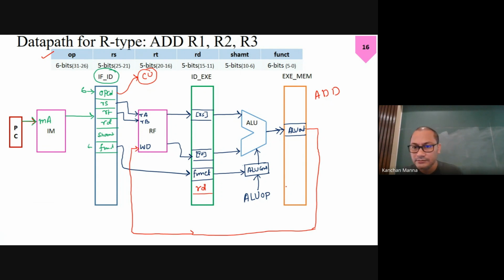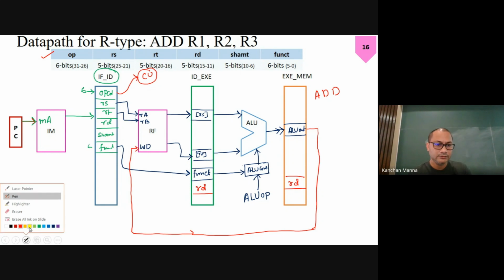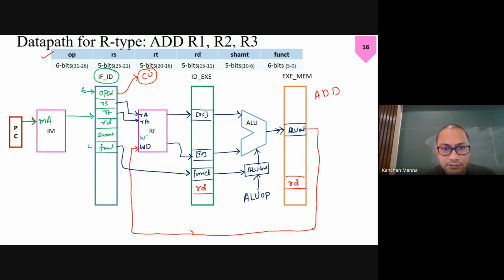And then we also have to allocate the RD here. Got it? Clear? Okay.